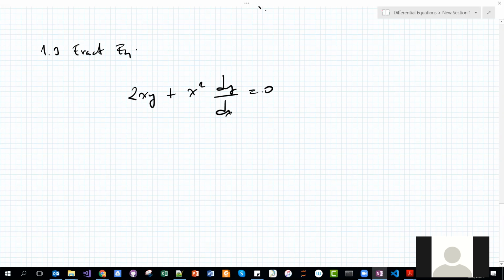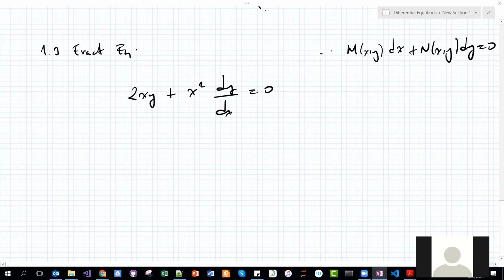What I should do first, since exact equations need to be given in this form, if you remember, M of xy dx plus N of xy dy equal to 0. This is the form I need to have for exact equations.